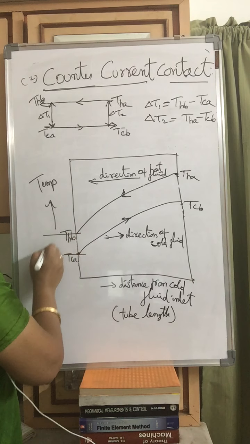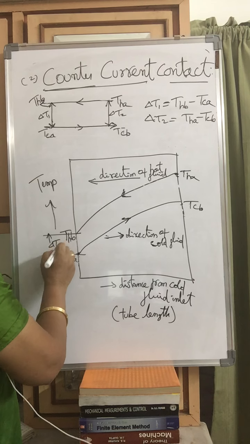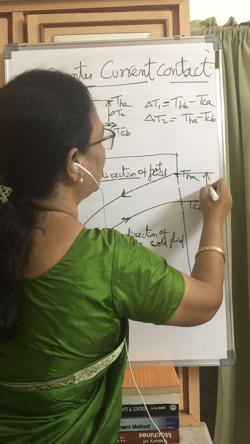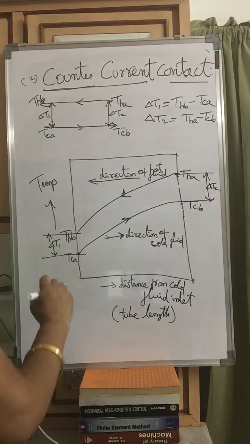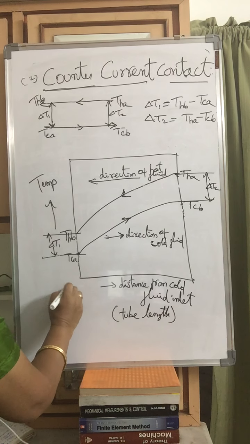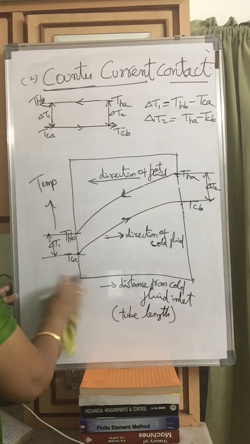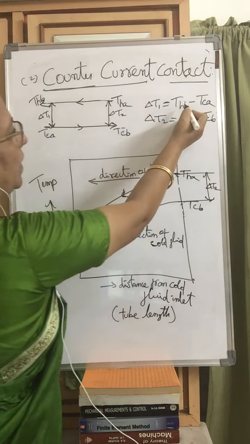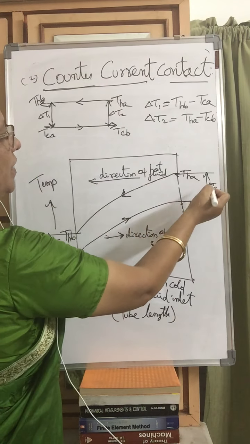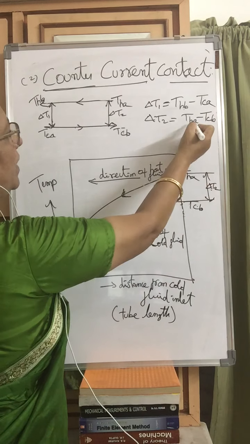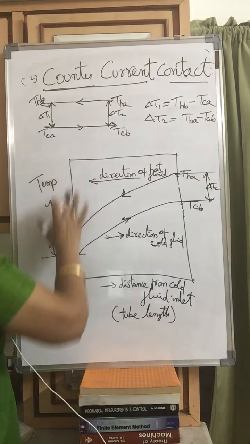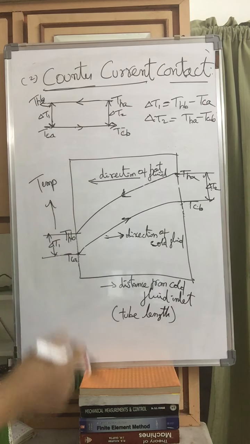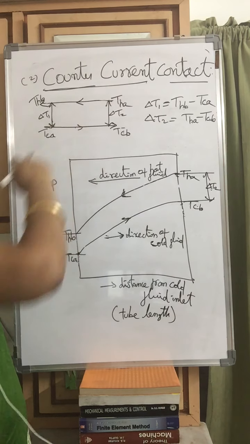Now what is delta T1 for this? This is delta T1, and this is delta T2. Delta T1 we already wrote: THB minus TCA, same thing here. What is delta T2? THA minus TCB. So this whole graph we are showing in a simple manner using two lines, which is useful in drawing problems.